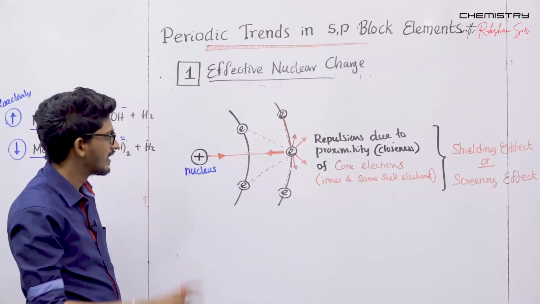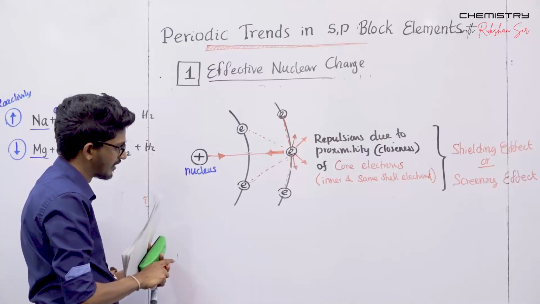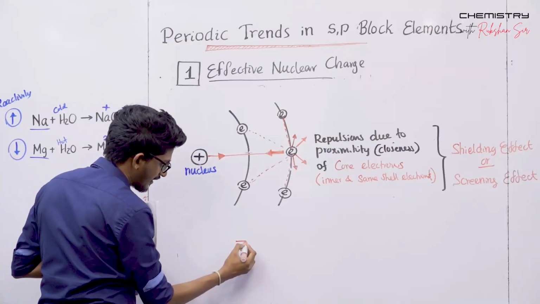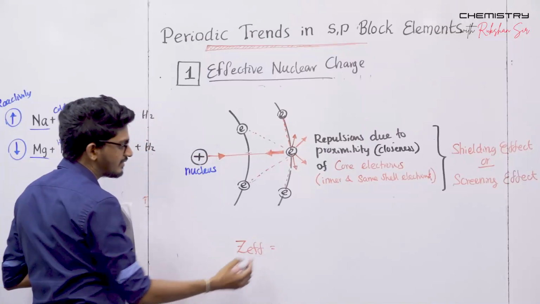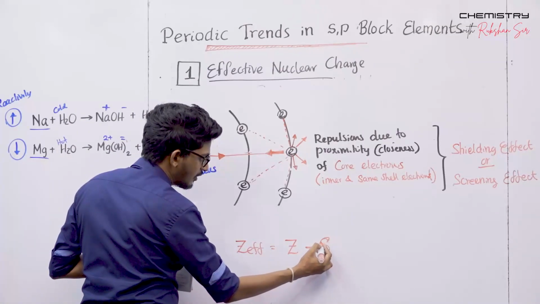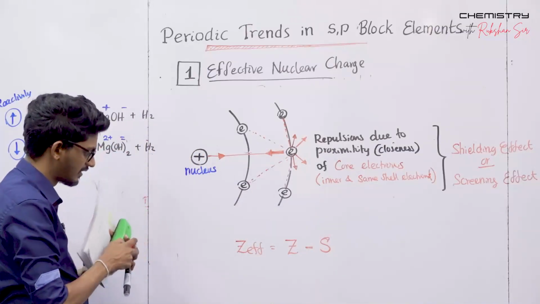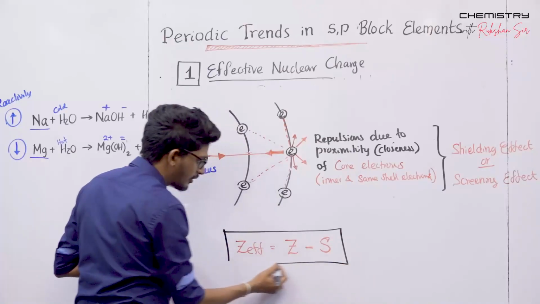So we can say it like this. The effective nuclear charge is equal to the nuclear charge minus the shielding effect. This is the formula which gives you the effective nuclear charge.